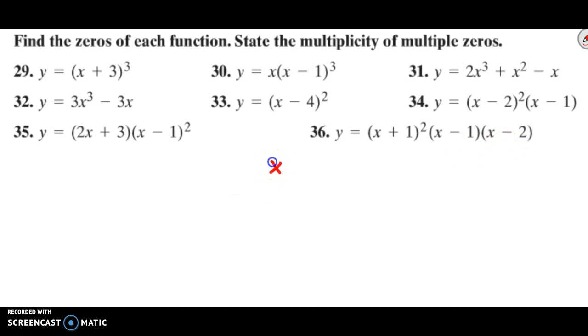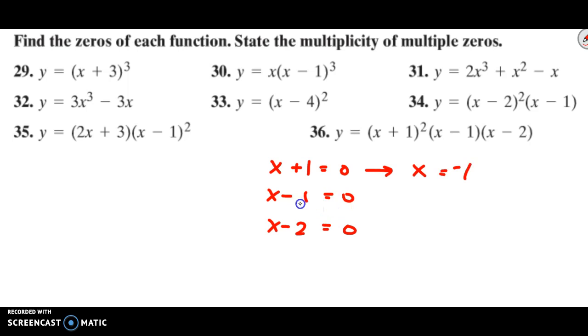So then you would have x plus 1 equals 0, x minus 1 equals 0, and x minus 2 equals 0. So solving that for x, you would subtract 1 from each side, giving you x is -1.